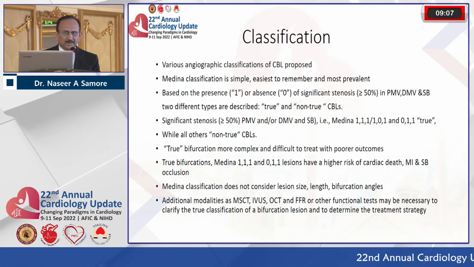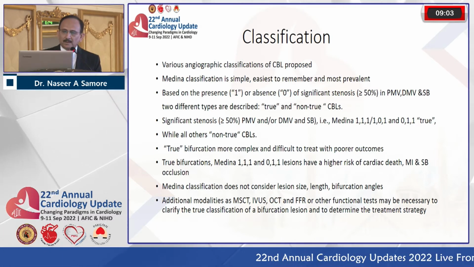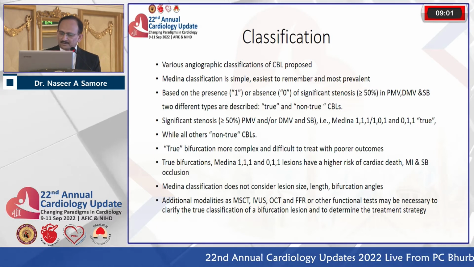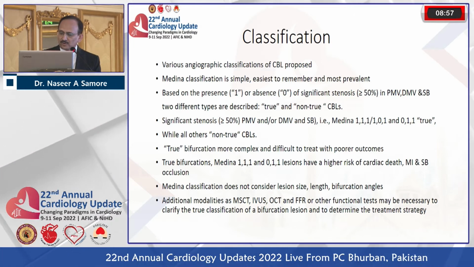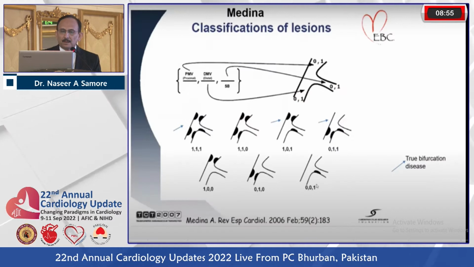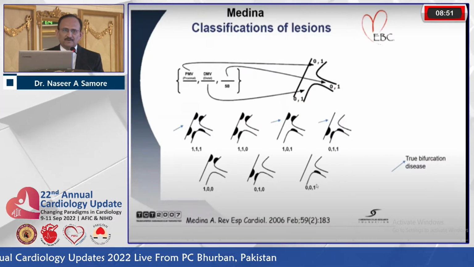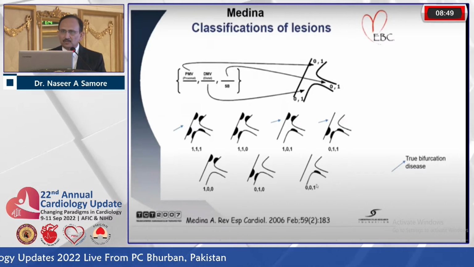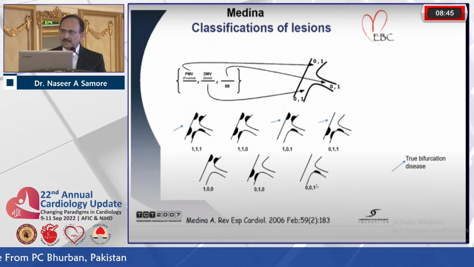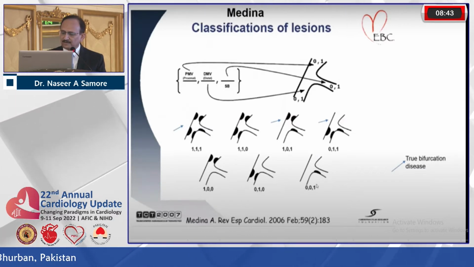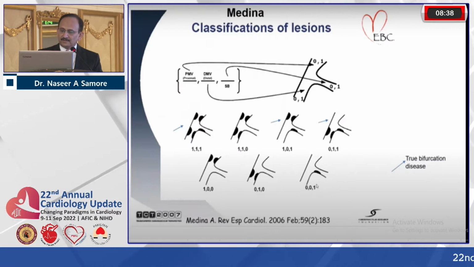So there are multiple classifications available in the literature, but the Medina classification is simple, easy to remember, and most commonly used. In this classification, a number 0 or 1 is attributed to all the segments depending upon the presence or absence of a critical, more than 50% lesion in all the segments we have just mentioned.